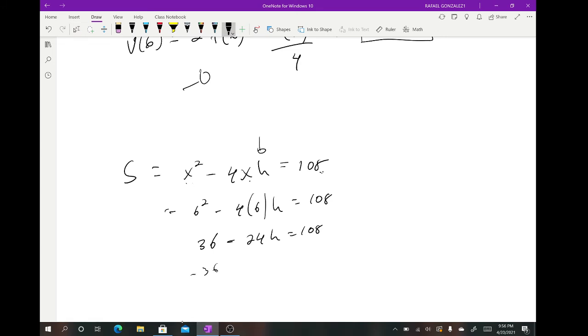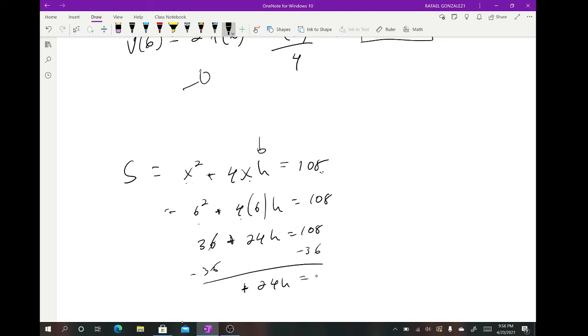You have minus 36 on both sides. So you have minus 24h. Is this right? Let me see. Oh, it's a plus, not a minus. There's a plus in the formula.